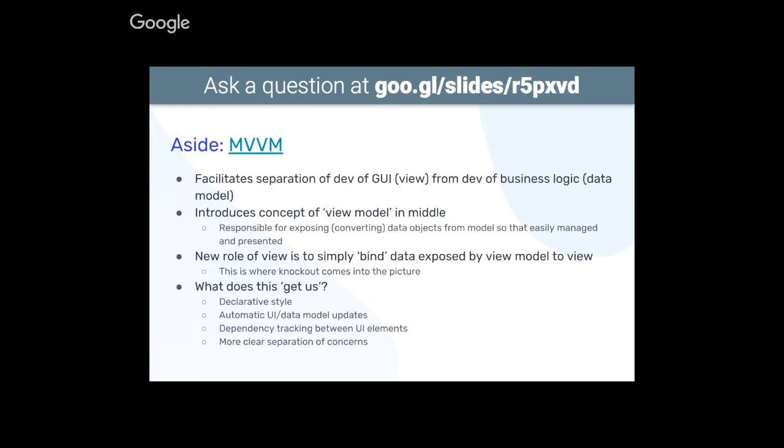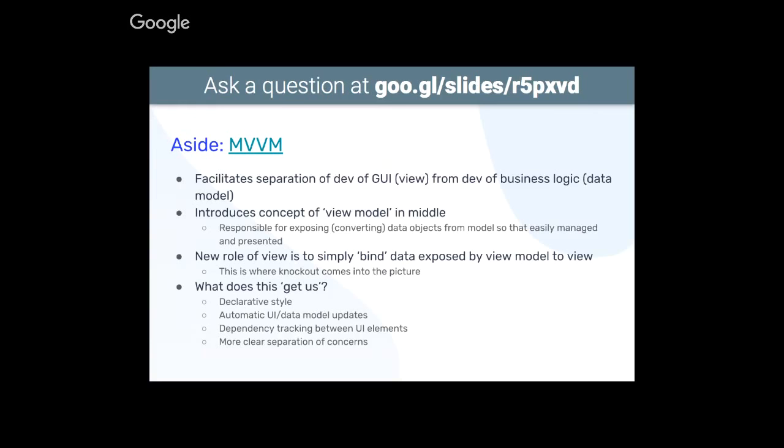So that brings us to another aside, not quite an aside because we're actually going to use this, but MVVM, basically it facilitates separation of developing the graphical user interface, so our view, from the development of the actual business logic of our Dapp, our data model. And in our case, our data model is literally our JSON structure that represents our actual user profile. That is our data model.